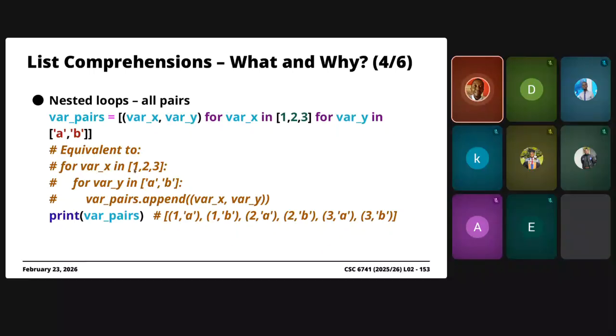And as we are looping through numbers 1, 2, 3, we are essentially creating a tuple that's going to correspond to, for each number here, a pair of these values in the nested loop. So we want to get 1, A, 1, B, and then we're looping through 2, A, 2, B, 3, A, 3, B.